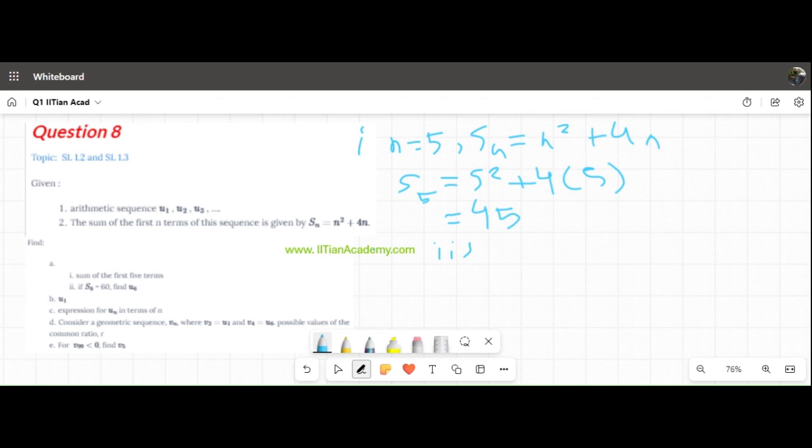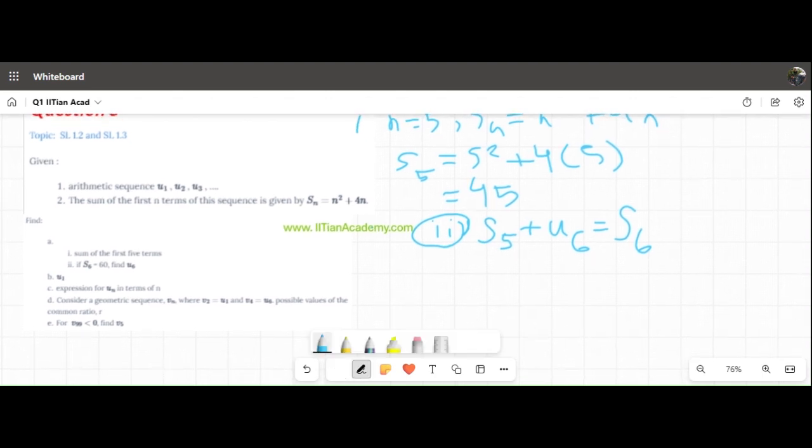There are several different ways that you can do this, but I will be using our first method, where we can say that for the sequence, if we're trying to find the 6th term, we can take the sum of the first 5 terms and add the 6th term, and that should add to the sum of the first 6 terms.